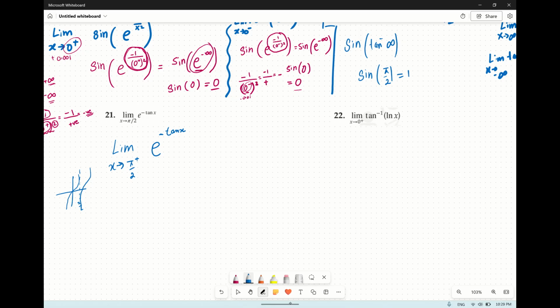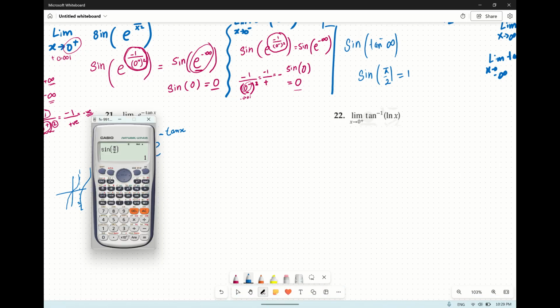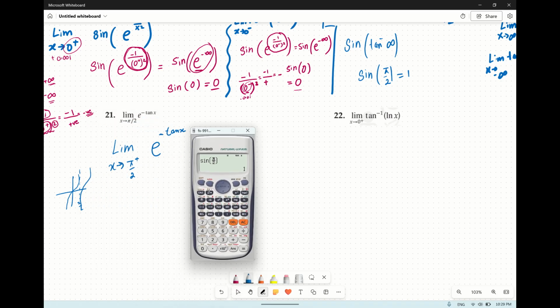How can I know this from the calculator? Very simply, all you need to do is put e to the power of negative tan x. Now click calculate. I need pi over 2 from the right. So I'm going to put pi over 2.